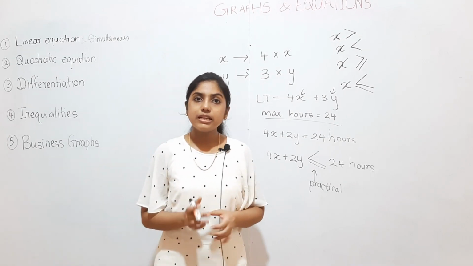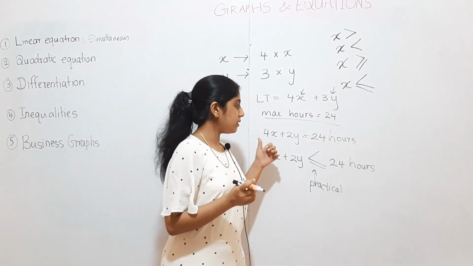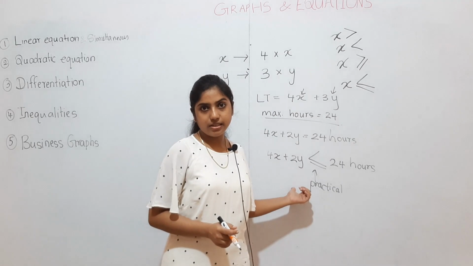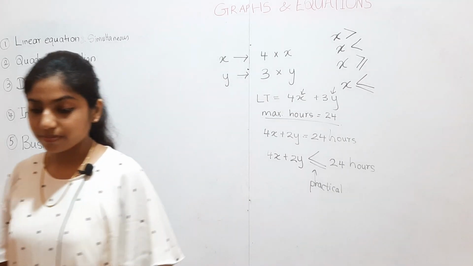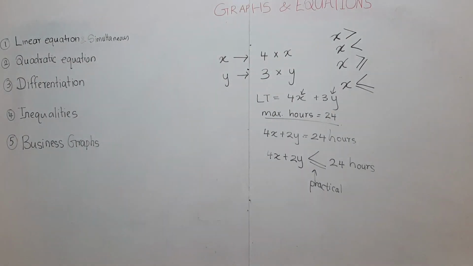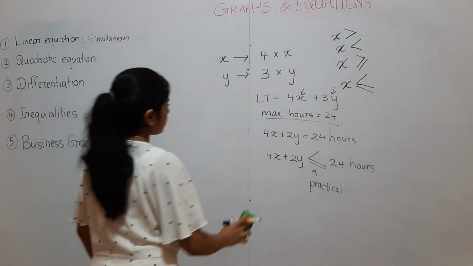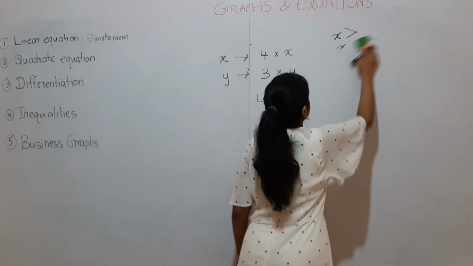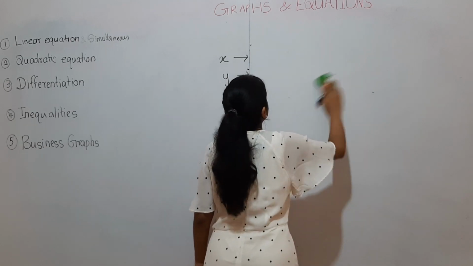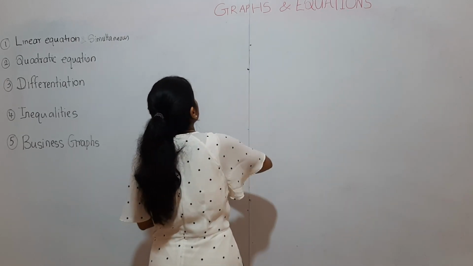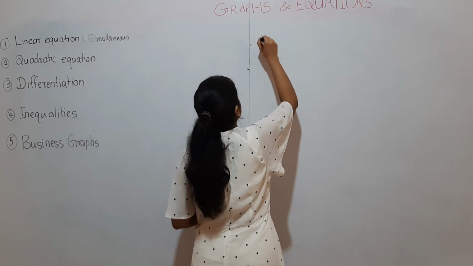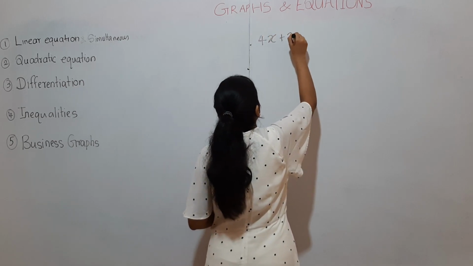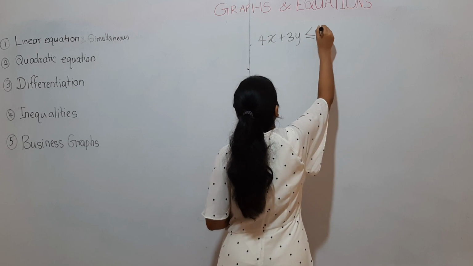With this, let's draw the graph for this inequality: 4x plus 3y less than or equal to 24.